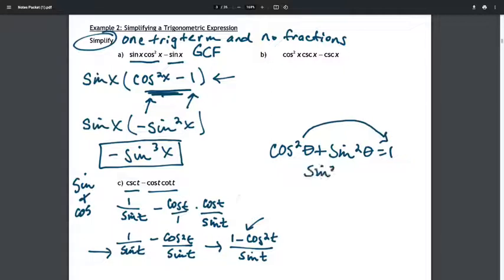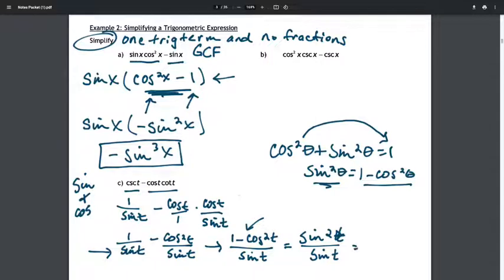So that'll be sine squared theta equals 1 minus cosine squared theta. So I can replace 1 minus cosine squared theta with sine squared theta. So that will be sine squared t over sine t. And that will end up equaling sine t. And now that's simplified because they're down to one trig function. All right, let's do some more.